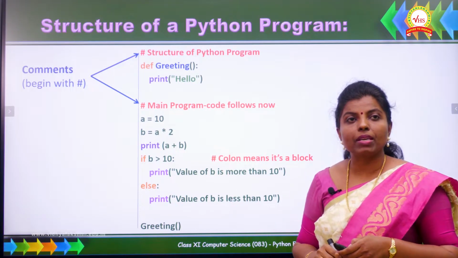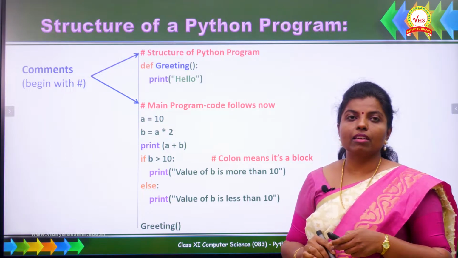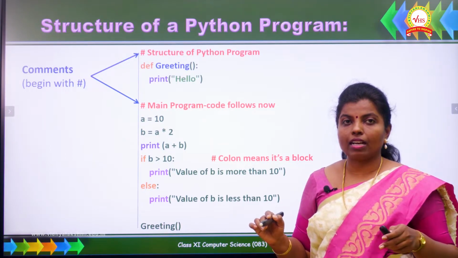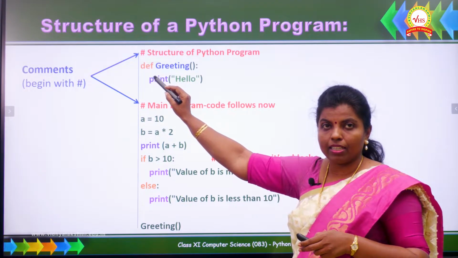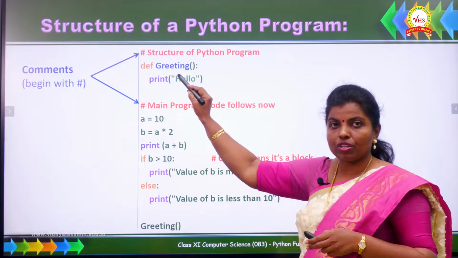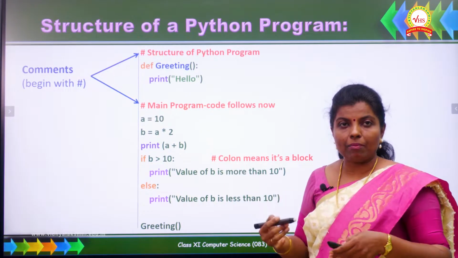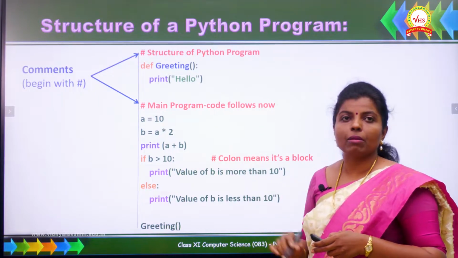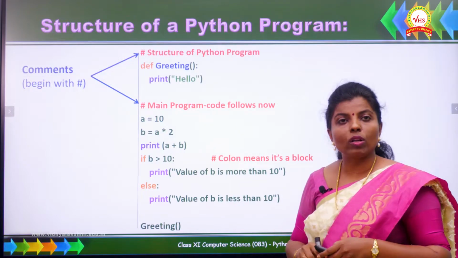The next statement begins with the keyword def. If a statement begins with the keyword def, that statement is referred to as a function header. The function header starts with the keyword def followed by the name of the function followed by parentheses. If the function takes parameters, the list of parameters will be given within the parentheses, followed by a colon at the end.